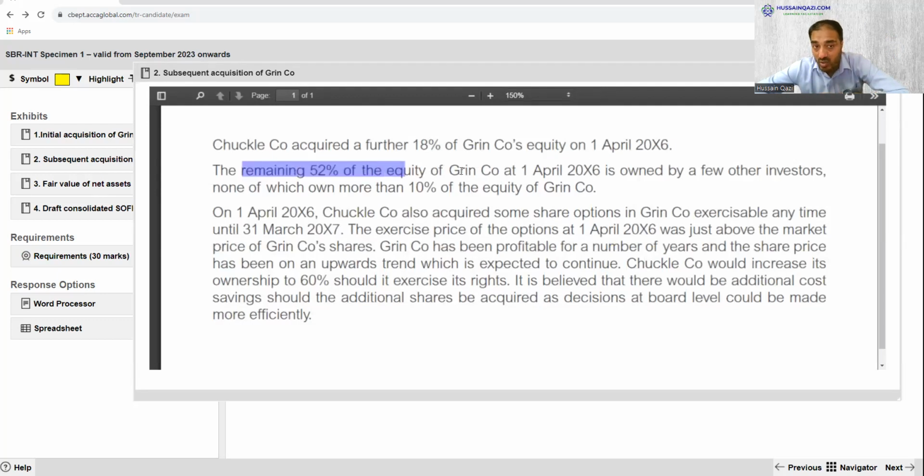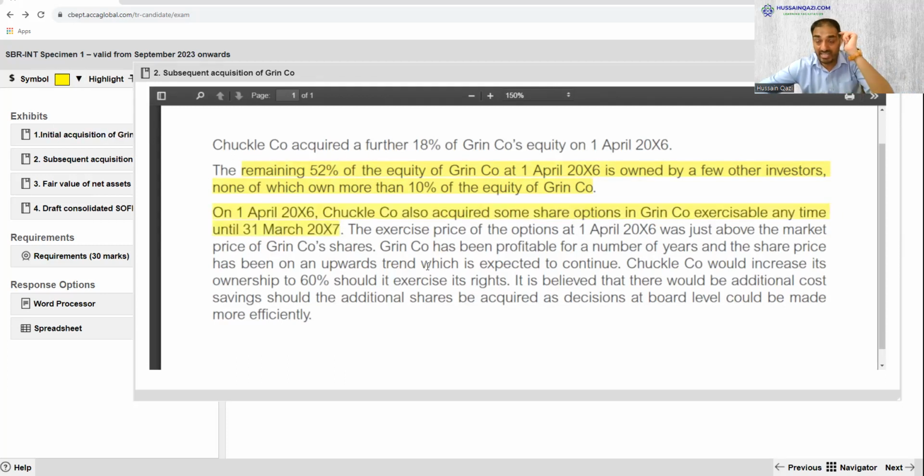The remaining 52% of the equity of Grin at 1st April X6 is owned by other investors, none of which own more than 10% of the equity of Grin. On 1st April X6, Chuckle company has also acquired some share options in Grin company, exercisable anytime until 31st March X7.